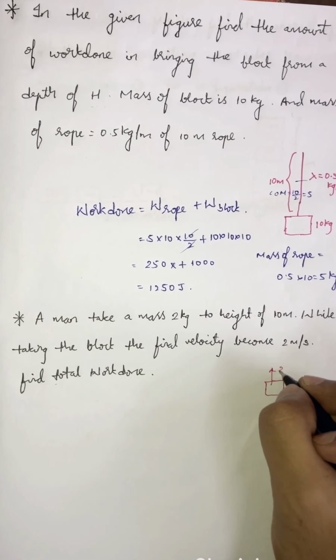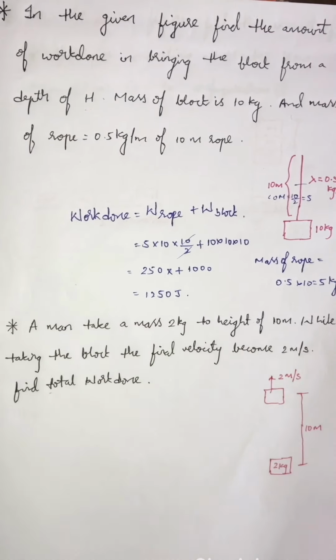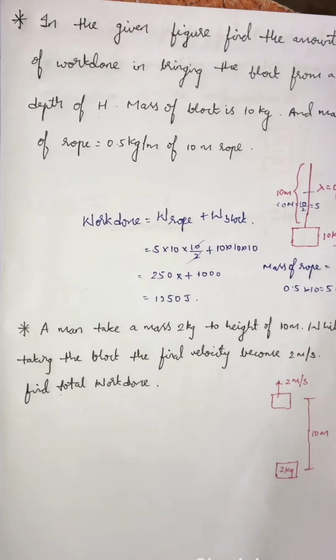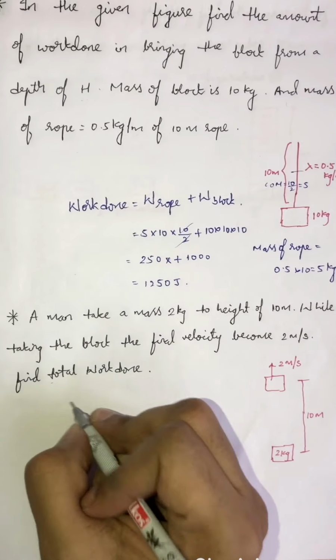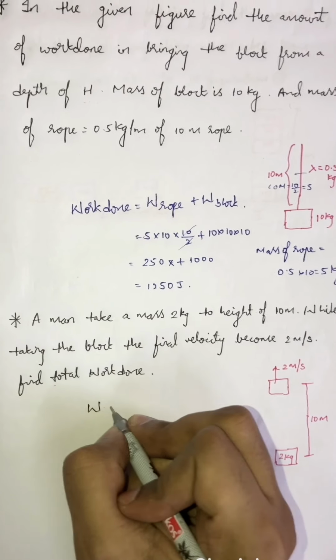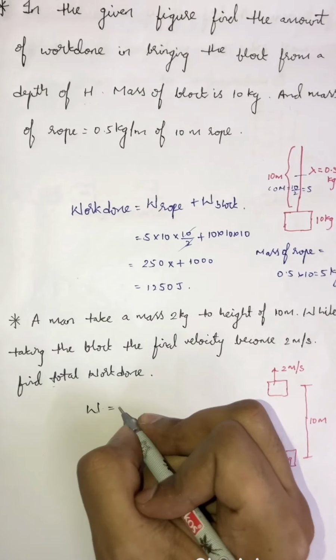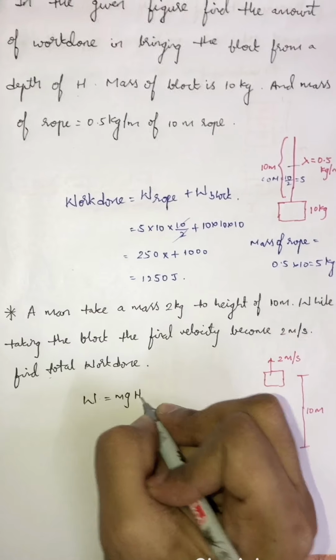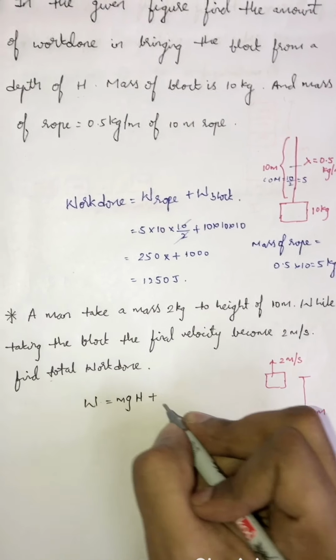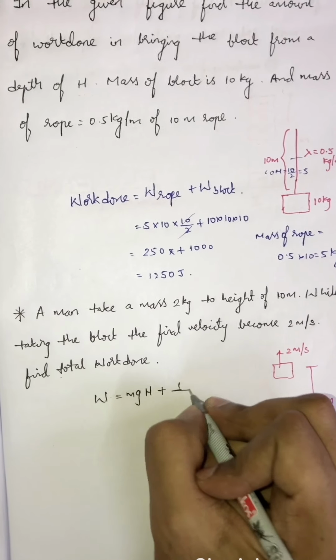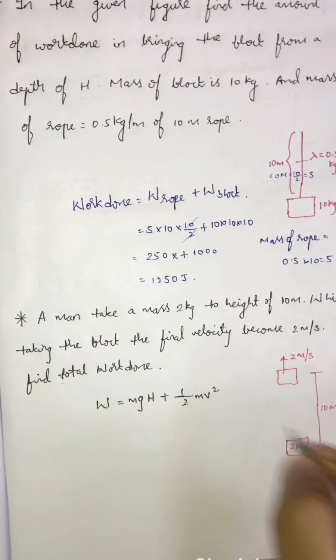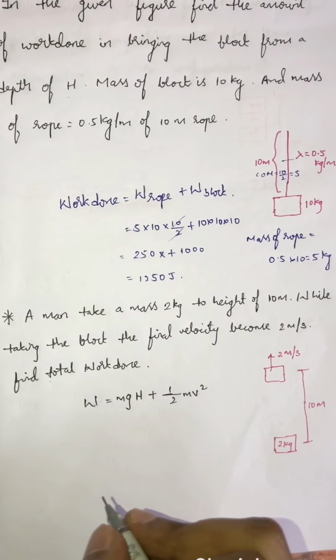So here total work done will be equal to, as it rises to a height h, mgh, but with a certain velocity, plus half mv square, that is potential energy plus kinetic energy. So mgh, mass is equal to 2.